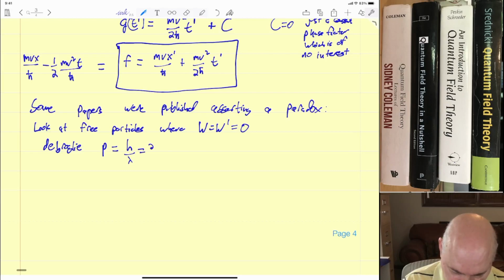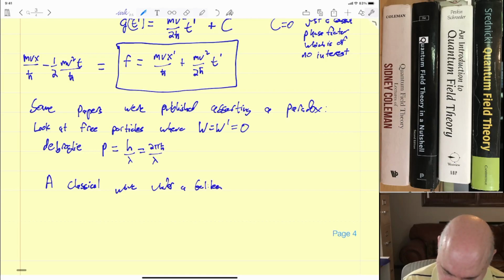You can also write it as 2 pi h bar over lambda. But we also know that a classical wave under a Galilean transformation doesn't change its wavelength.